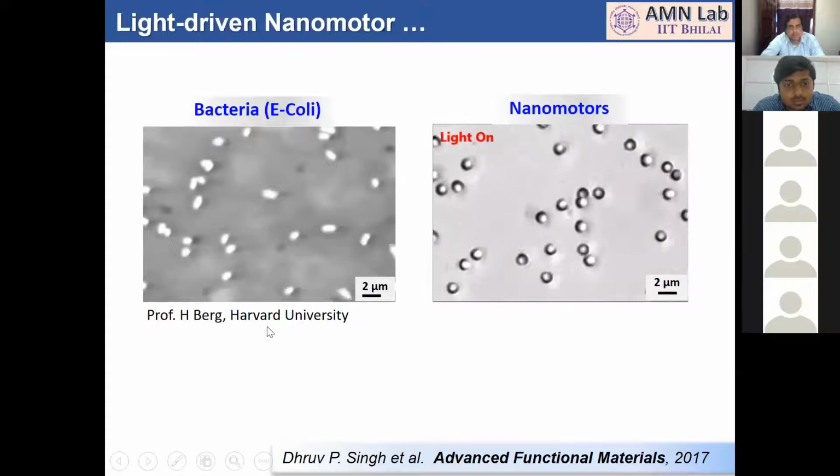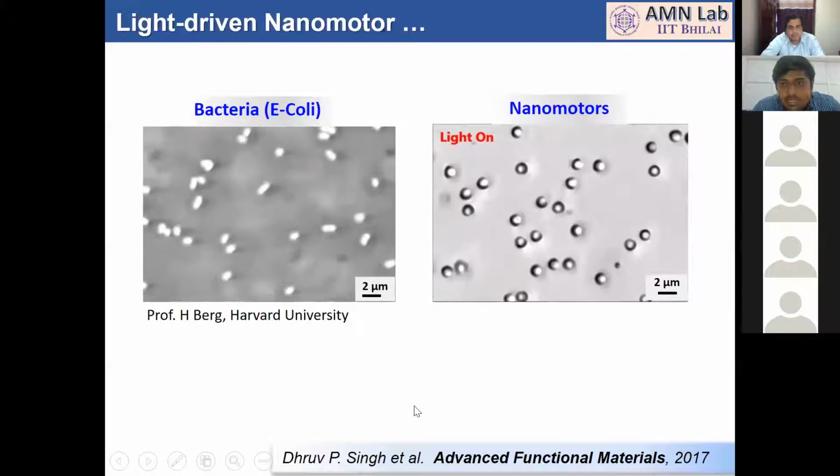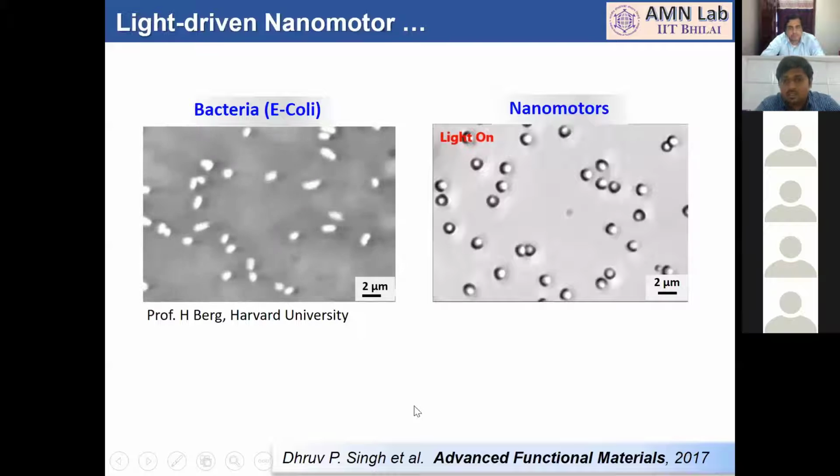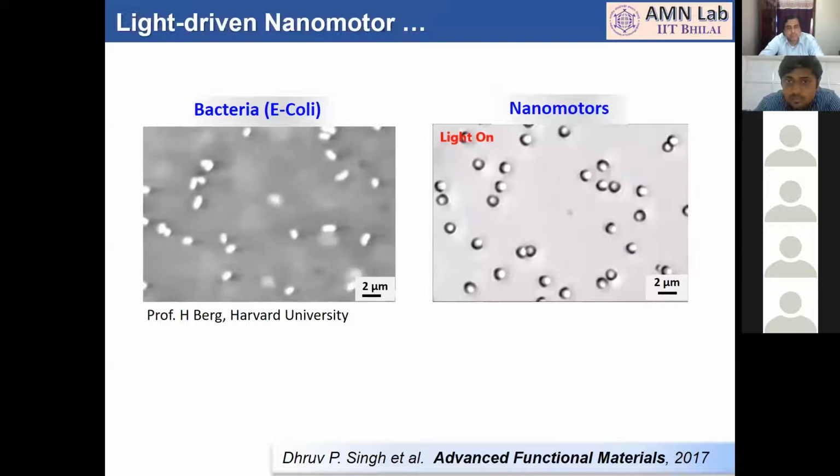If we play them side by side, you can see how similar their size and swimming behavior are. Looking at the similarity in these two systems, you can appreciate how well we can design artificial active systems at such a small length scale. Further, you see that we can control their swimming behavior.